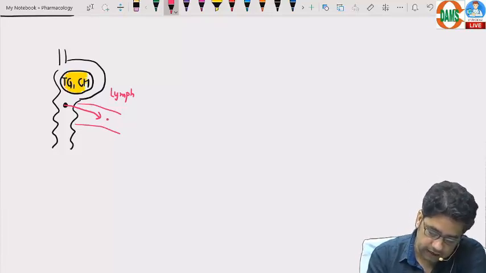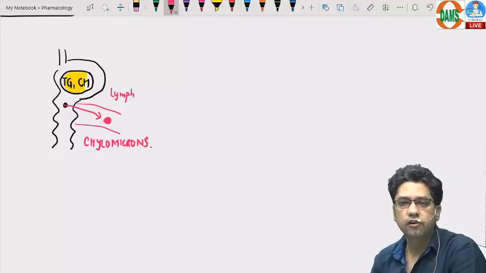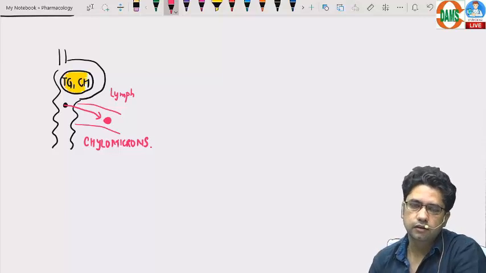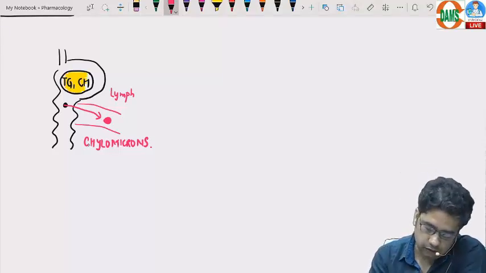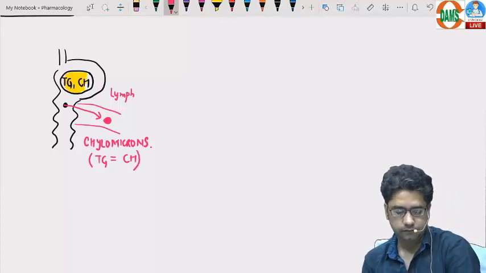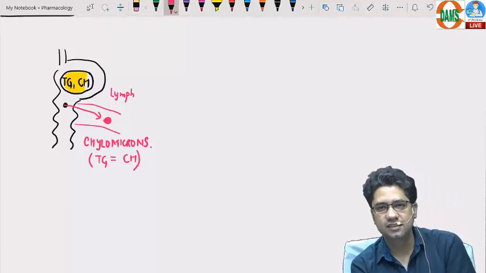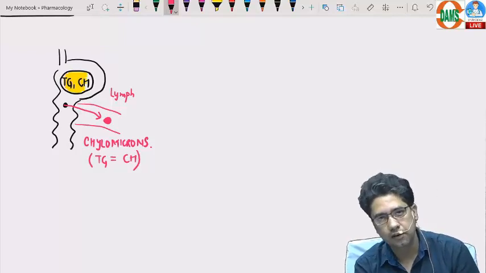And in lymph, they are transported with the help of chylomicrons. Question comes, chylomicron transport which lipid? Chylomicron transport both dietary lipids, triglyceride and cholesterol. Which organ synthesizes chylomicron? Intestine synthesizes chylomicron.